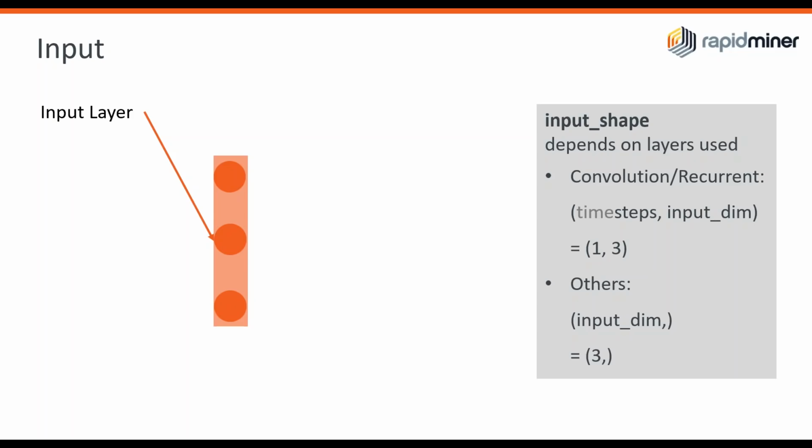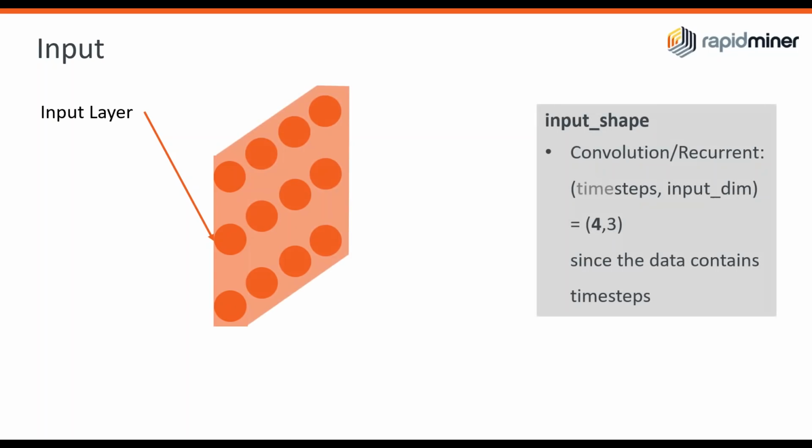So then it would be just a 3, as you can see on the right. But if we had a data set with a time window of 4, you can see now that we have 4 columns, and for each of those we have 3 attributes. Then the input shape would be 4, 3.